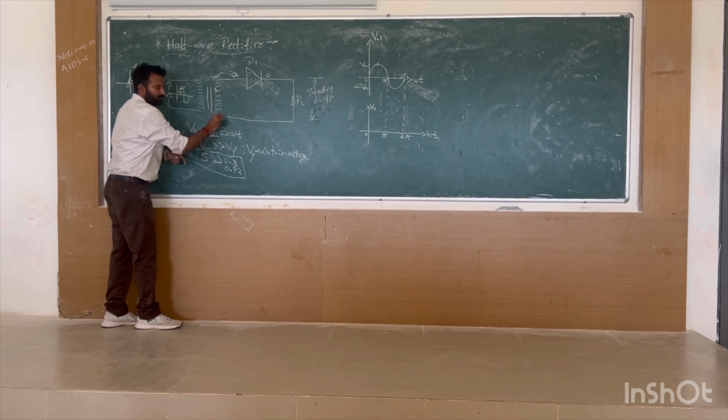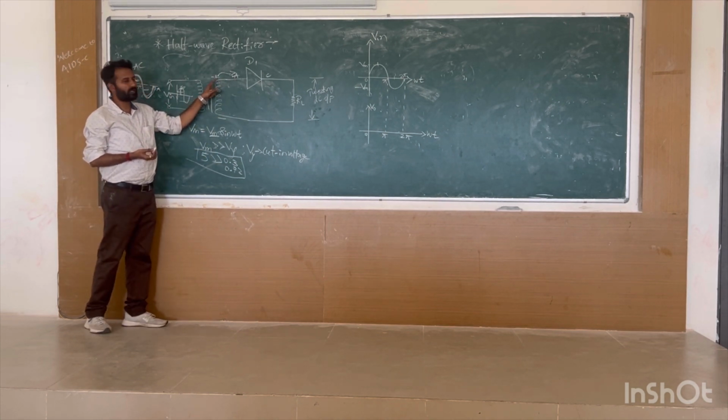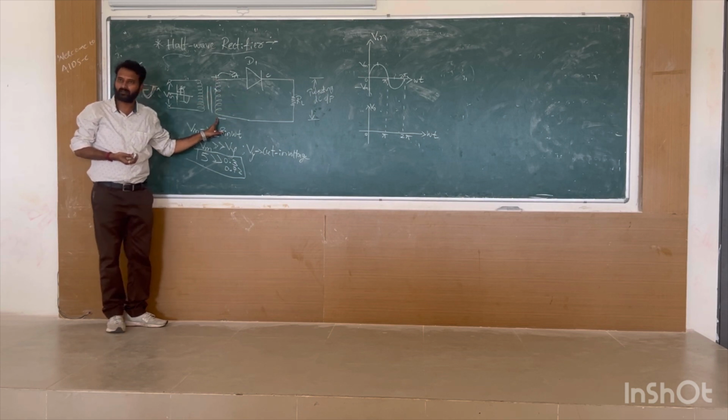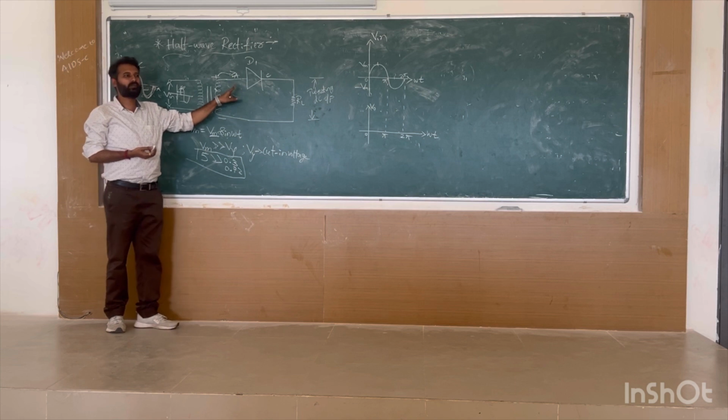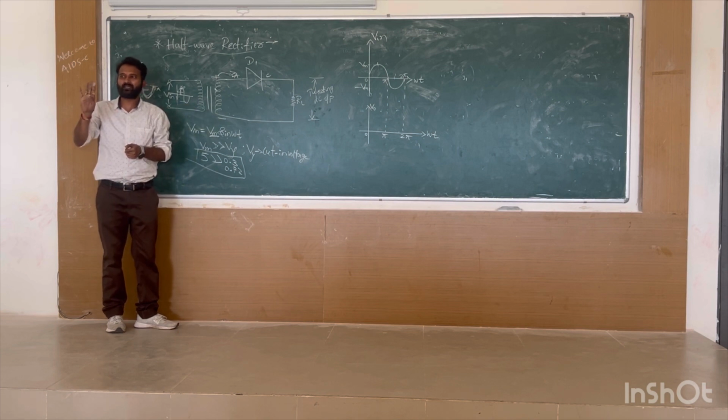Cathode of the diode will get negative. Understandable? Now, what is the condition? If anode of the diode gets positive and cathode gets negative, the diode will be under forward bias condition. What are the 4 points I have told you if it is under forward bias condition?